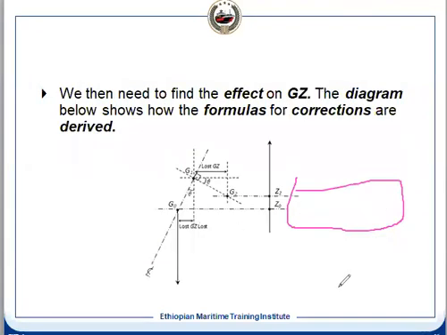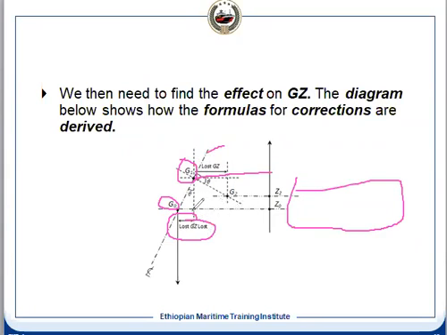Once we find these two values, what will happen? This was G0, and it has shifted vertically, because this is the center line. So how much is the loss of GZ? This much, because it has shifted. Now this is the GZ. We can calculate G0G1 and G1G2 from that formula: mass shifted multiplied by the distance shifted divided by delta.